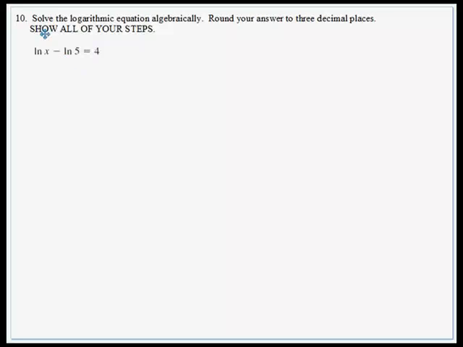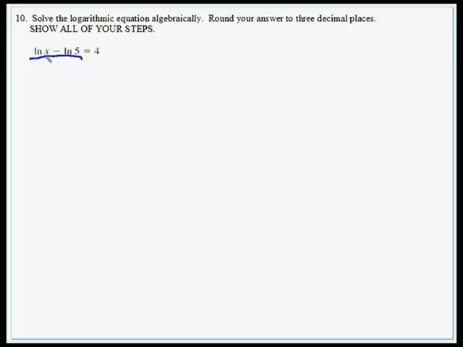Number 10, solve the logarithmic equation algebraically, round to 3 decimals, show all your steps. So we have the ln of x minus the ln of 5 equals 4. Before we exponentiate each side, you immediately want to think, okay, I want to base e both sides. But we can't do that until we combine these natural logs.